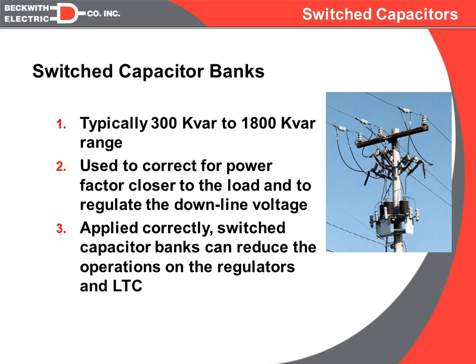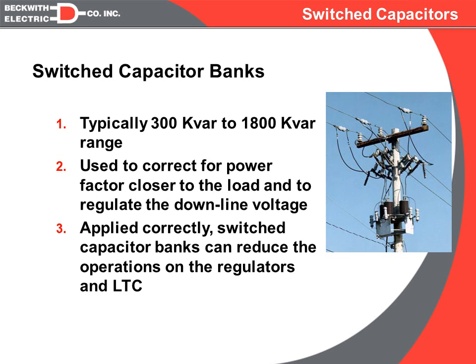So, in summary of session number 2, hopefully we have seen that we are going to have voltage variations on our distribution system. We are going to need to be able to dynamically react to that and correct the voltage as needed. And to do so, we have equipment both inside the substation and outside the substation.